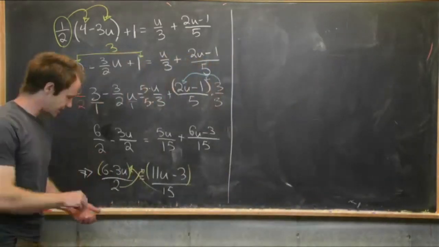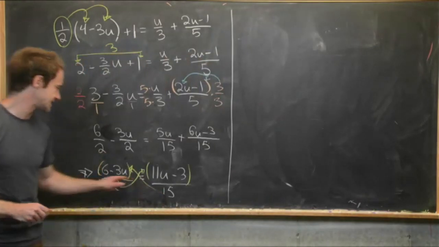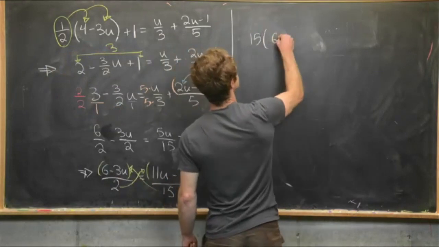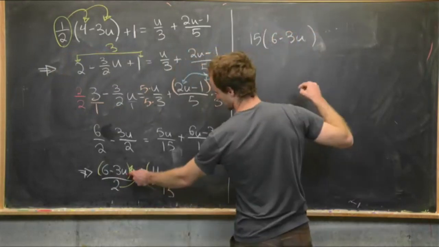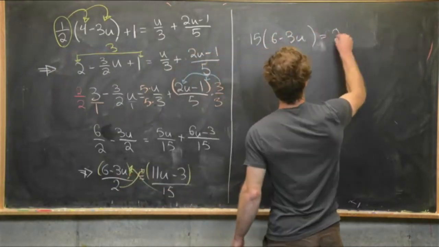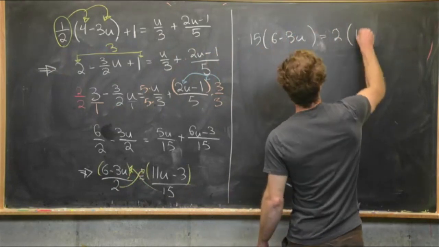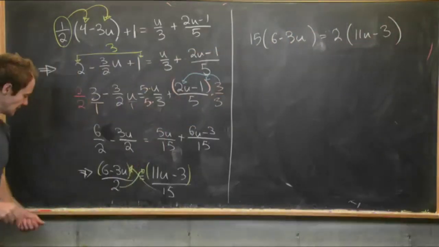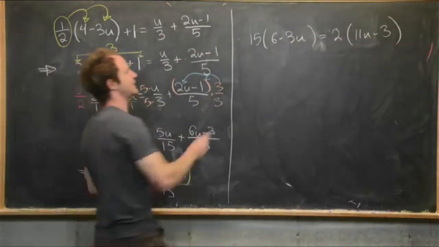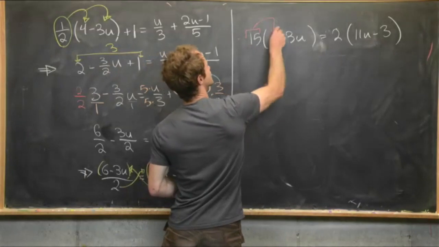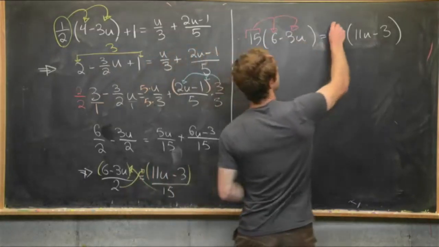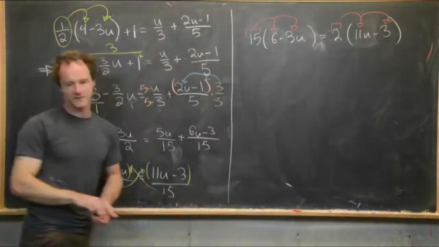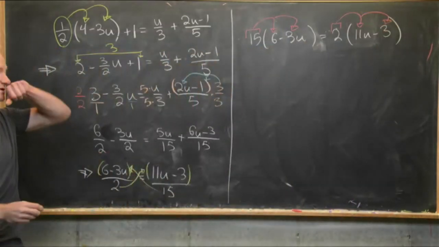So this 15 is going to be multiplied up here, so we'll have 15 times (6 minus 3u), and then equals 2 times (11u minus 3). And now we're almost there. We can take this 15 and distribute it onto both of these terms, and this 2 and then distribute it onto both of these terms. And then we're ready for the first step of the first example.